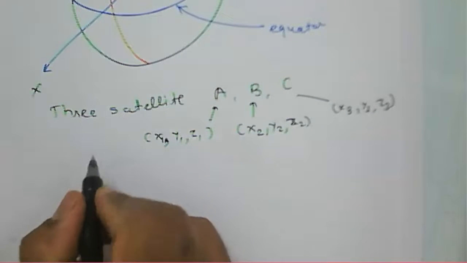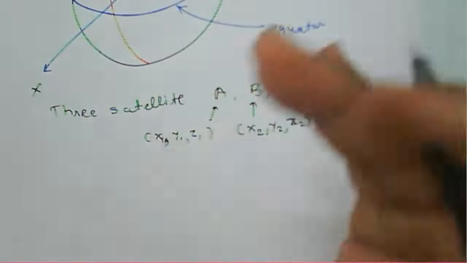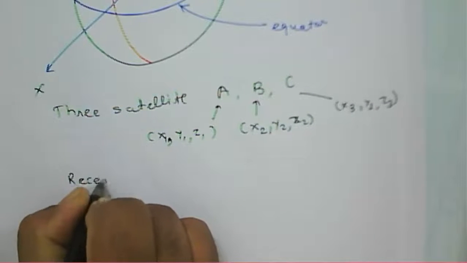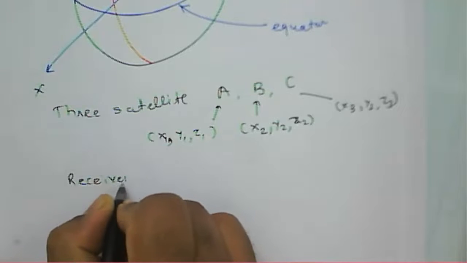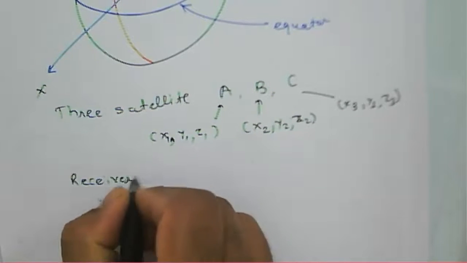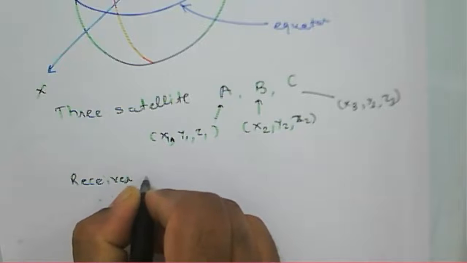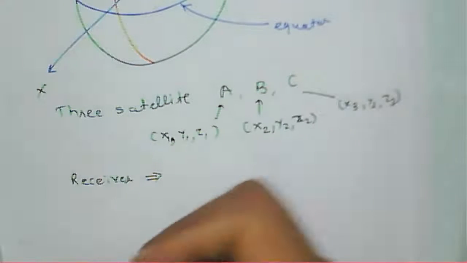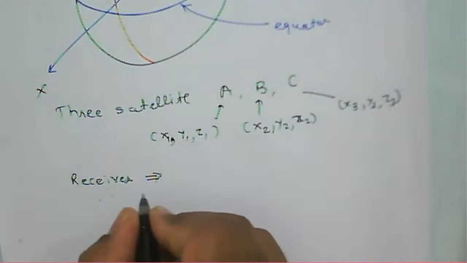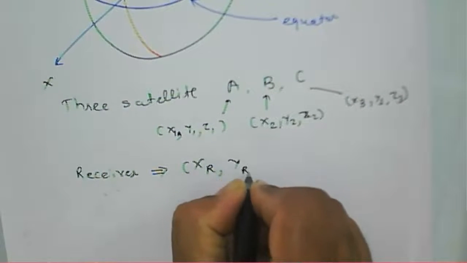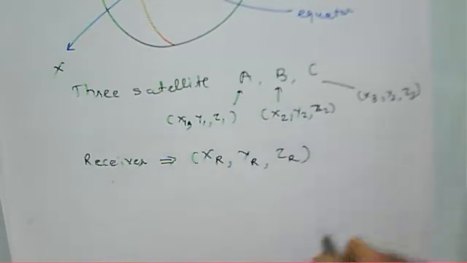And then we need to know the position of the receiver. Suppose we have a receiver, and its position is also described by this ECEF coordinate system, that is, the receiver XR, YR, and ZR.